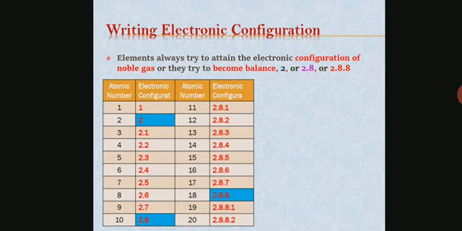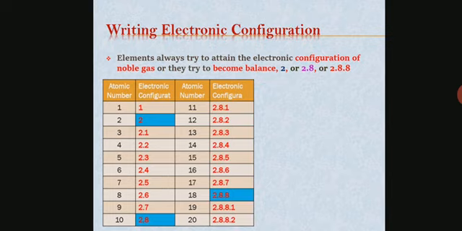Take another example, atomic number 17, which is chlorine. The electronic configuration is 2.8.7. It belongs to the third period. The exception is for second and third period only, not for the first, fourth, fifth, sixth or seventh, only for second and third.